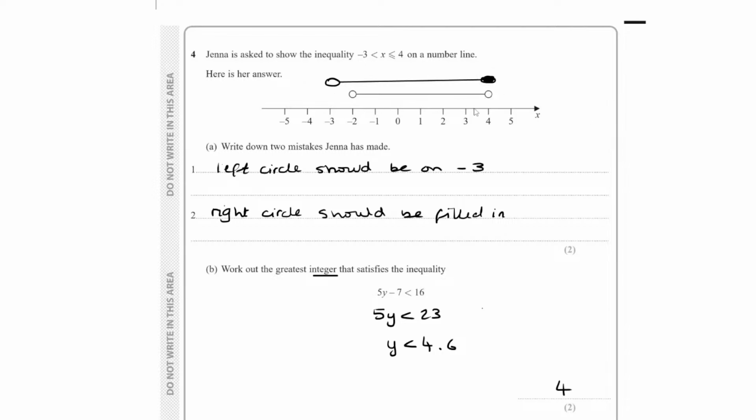If we compare it, the two problems are that she should have drawn the circle on -3 on the left, and on the right, it's on the right number, but she should have coloured it in because it's also equal to 4. So I said the right circle should be filled in or coloured in, whatever you want to call it. That's just how you draw inequalities on number lines. Does that answer your question?